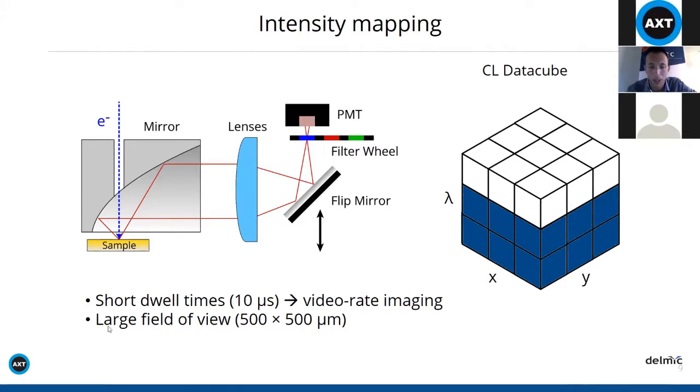You can scan in one go at least half by half a millimeter. And if you move the stage, you could scan even more. But with the electron beam, you could scan that much area in one go, which is quite nice, because in geological materials, the feature sizes can be quite large from an SEM perspective at least.